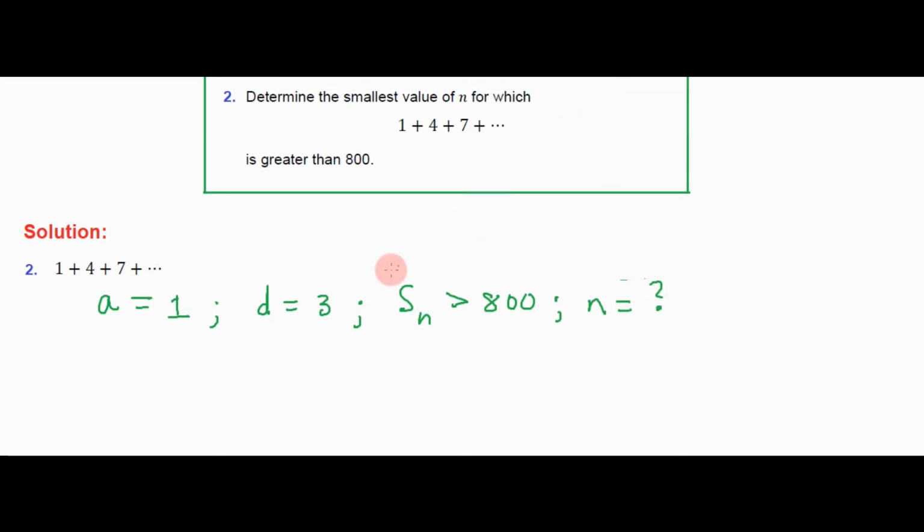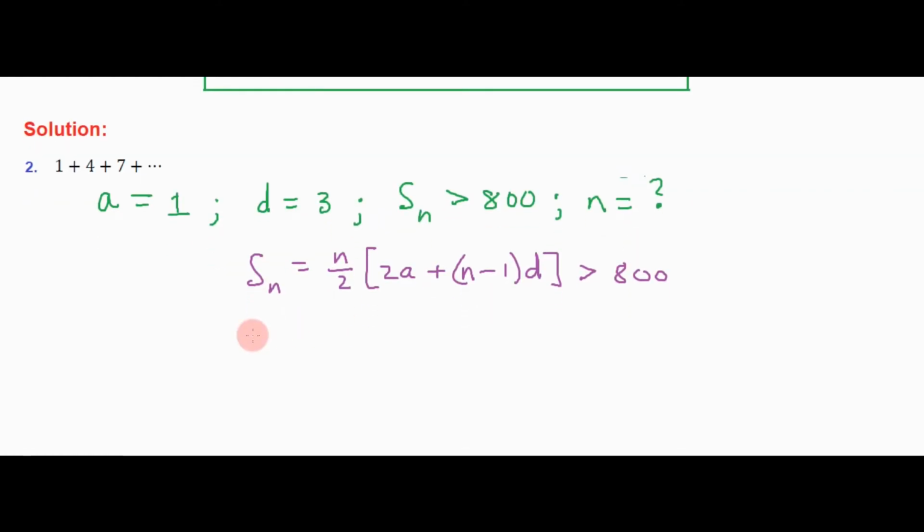So we're going to use a sum formula. So S sub n, this must all be greater than 800. We can plug in values. We don't have n. We have a, it's 1. And we have d, it's 3.